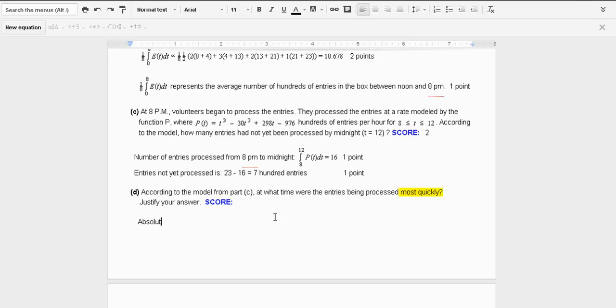So you have to find the absolute maximum value on the interval. Time entries being processed most quickly. Okay, and it's on the interval from 8 to 12. And remember, in order to find the absolute maximum, what you have to do is you have to first locate all local mins and maxes.